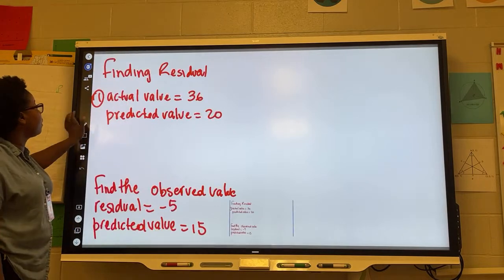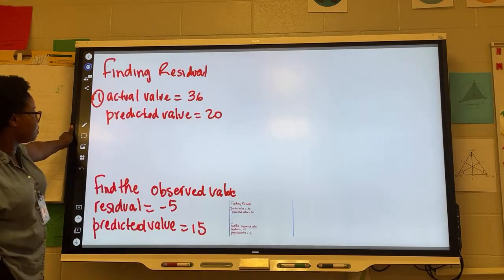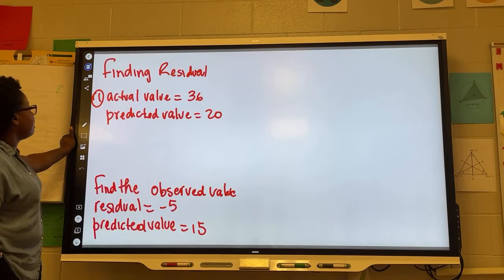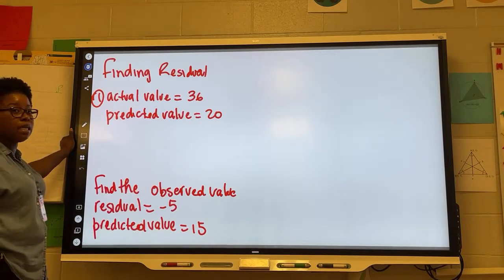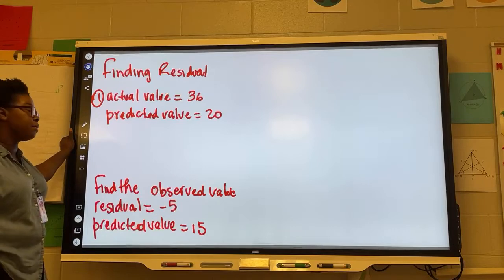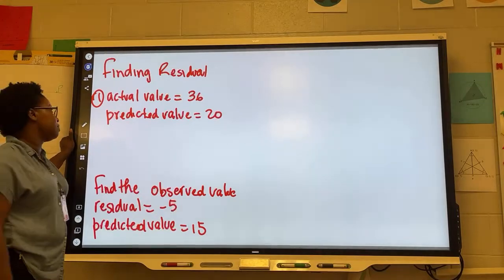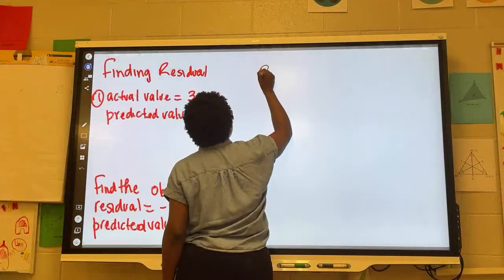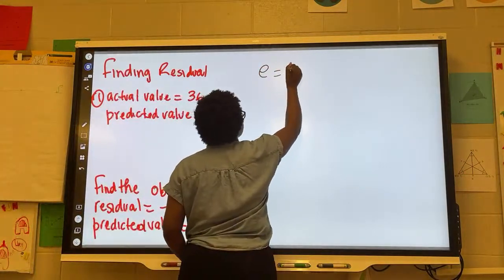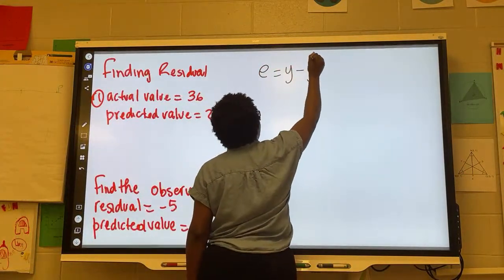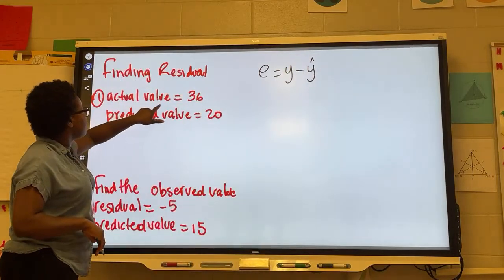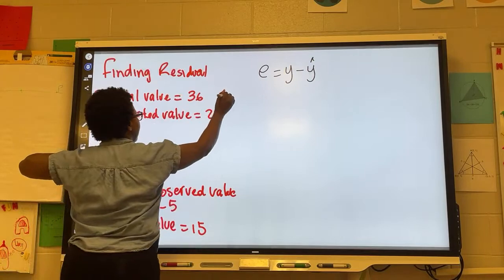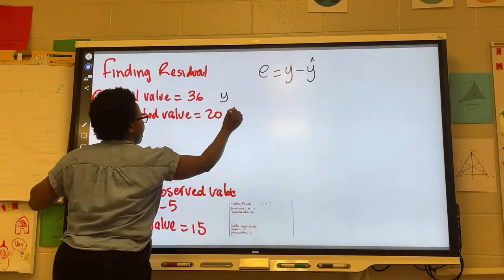Alright, so here we are finding residuals and finding the observed value. Given that the actual value is 36 and the predicted value is 20, what is the residual? We need to know the residual formula. Residual is denoted by the letter E, and that's equal to y minus y hat. The actual is always y, the predicted is the y hat.